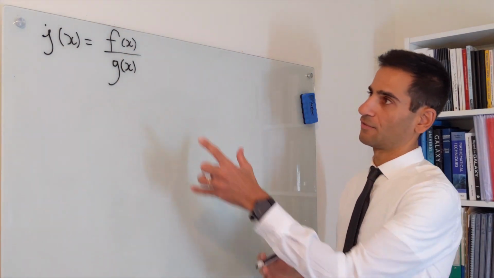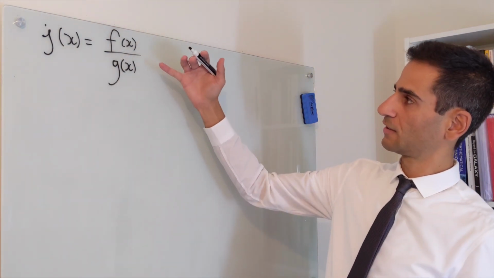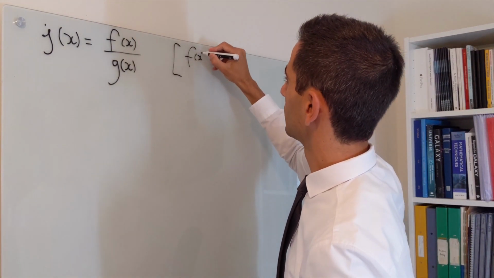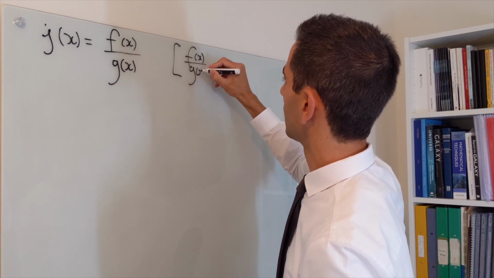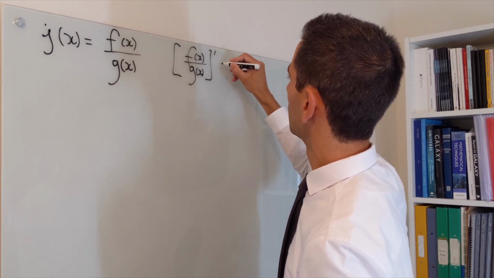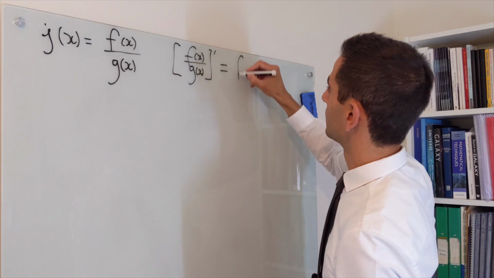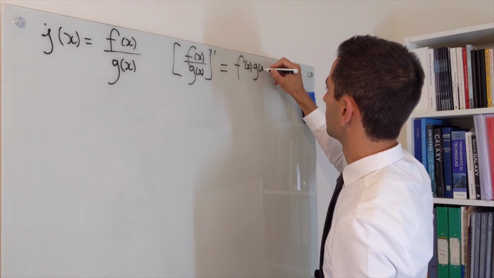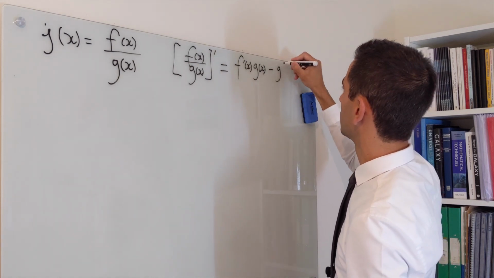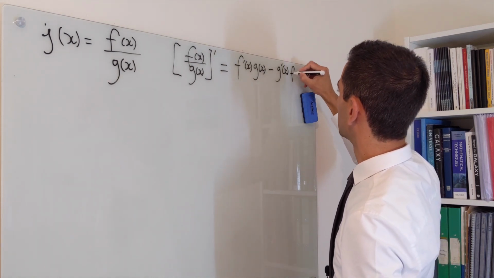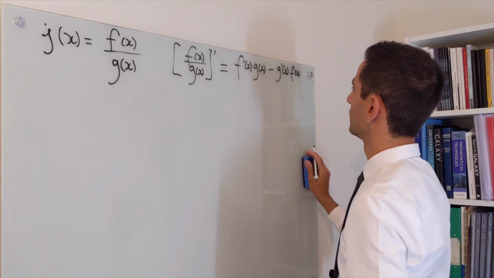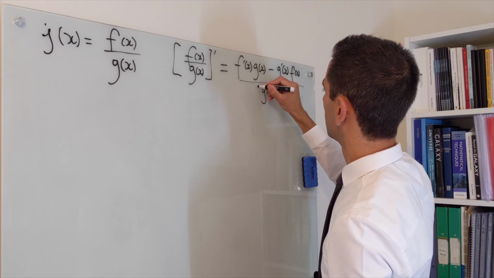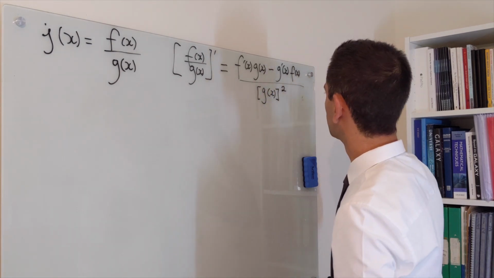It means that if you have a function g of x given by f of x over g of x, the derivative of f of x over g of x is given by the derivative of f of x times g of x minus the derivative of g of x times f of x, divided by g of x squared.